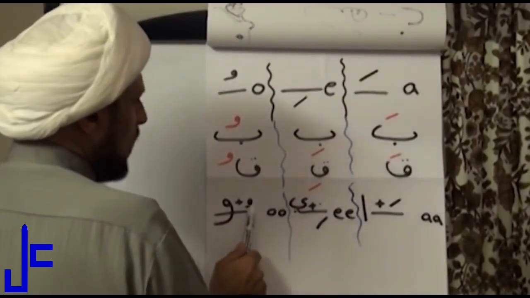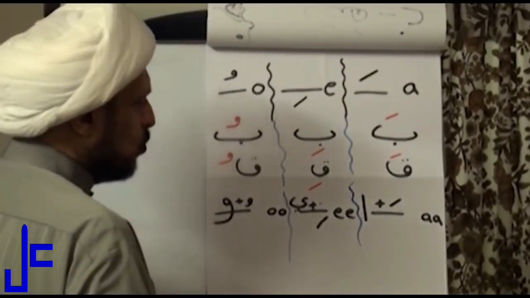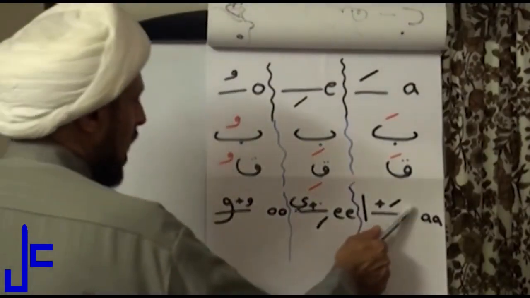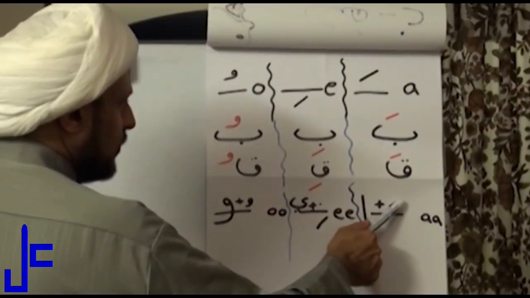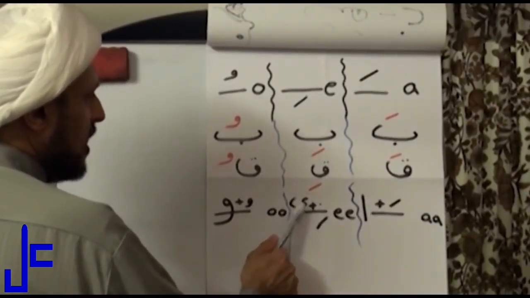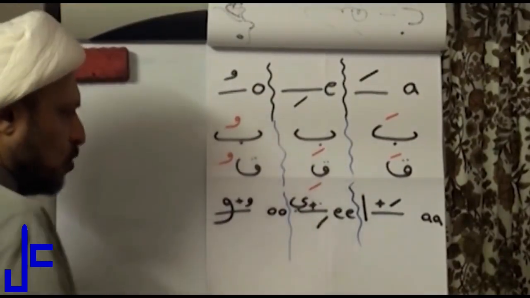And then dhamma on the letter plus wow, immediately it has oo. So it makes an oo sound. So aa, e plus ya, ee, oo plus wow, oo.